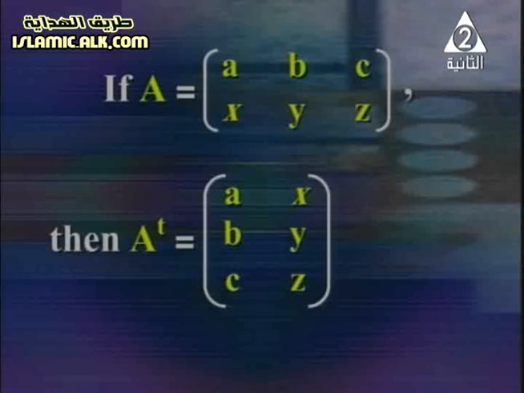What did we do? We replaced all elements of the first row in the first column, and the second row in the second column. This is called AT, or A transpose.